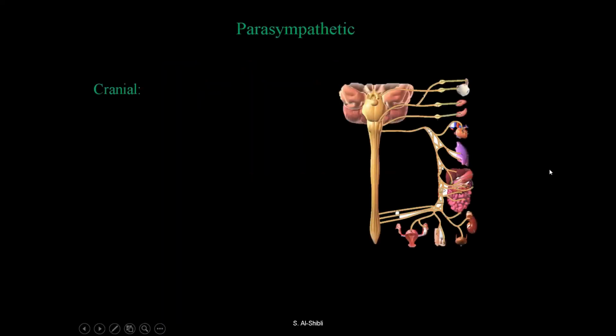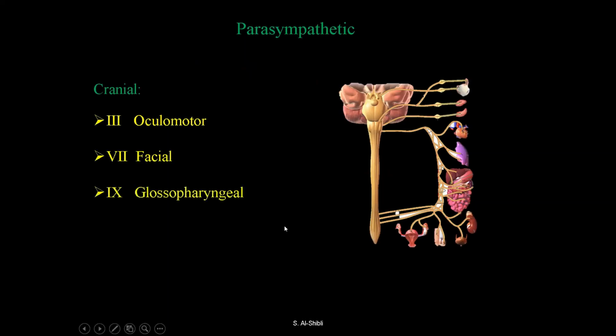Okay. The cranial: the oculomotor, I'm talking parasympathetic, facial, glossopharyngeal, that means the 9th, and finally the hero of the parasympathetic. I call it the hero because really it is a hero nerve, the vagus, that gives us most of the parasympathetic activity to the gastrointestinal tract.